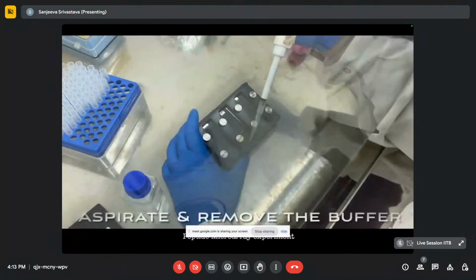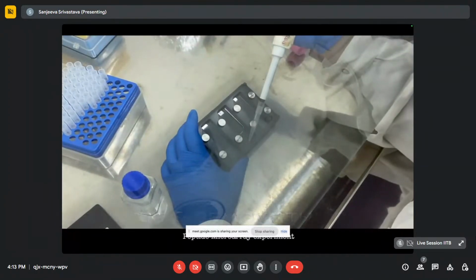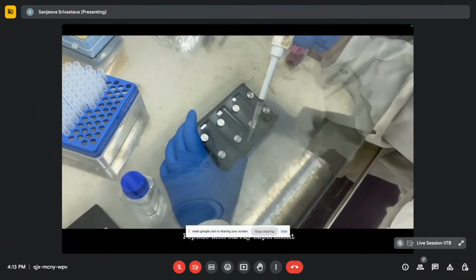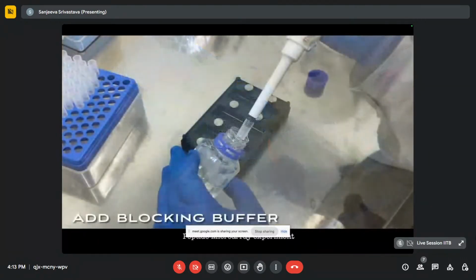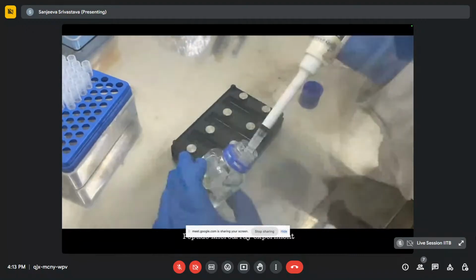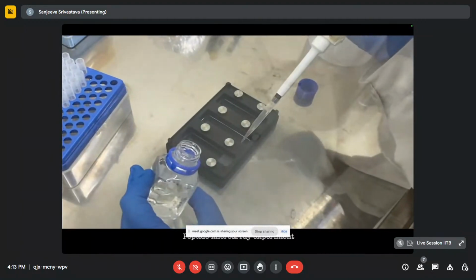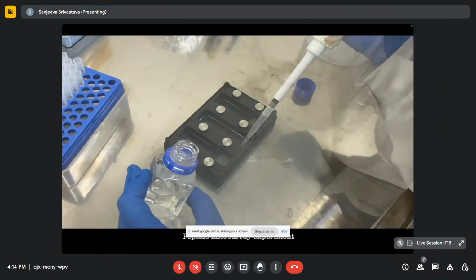Aspirate and remove the buffer and add 2 ml of blocking buffer. Slowly add the buffer onto the slides. Allow for 30 minutes of incubation.